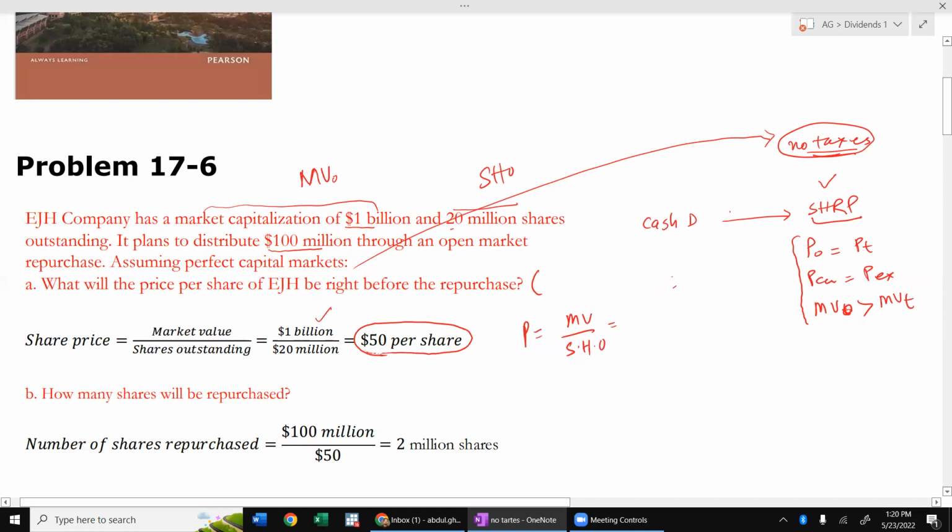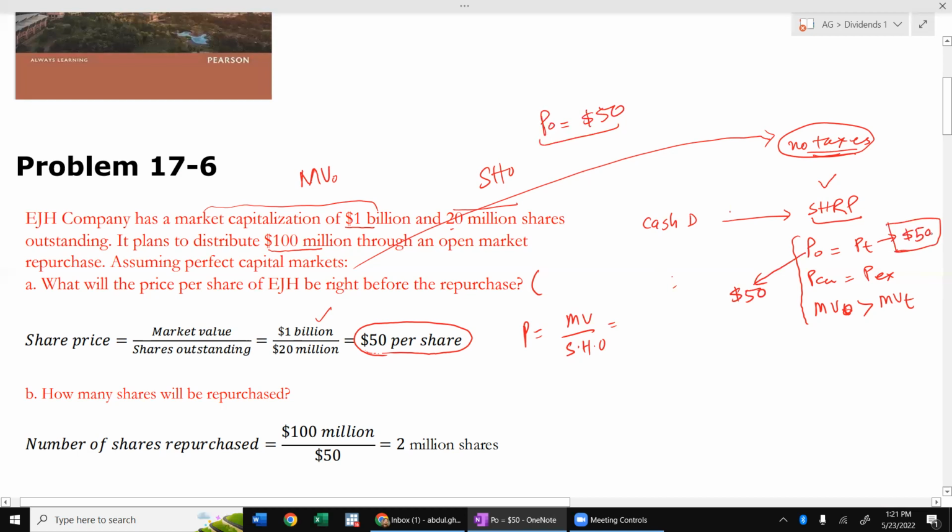So this is the current market price. The current market price is $50. So it means this is the price, $50. So the price at T should also be 50, right? Let's see if we get 50 or not.